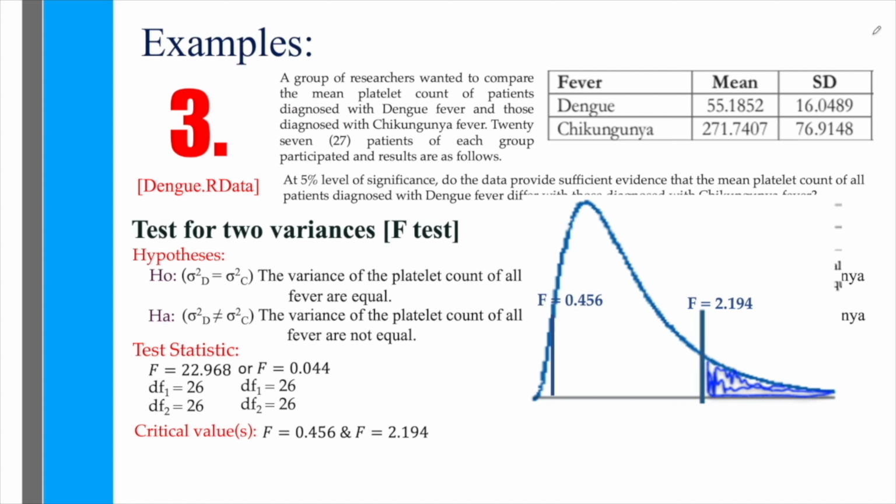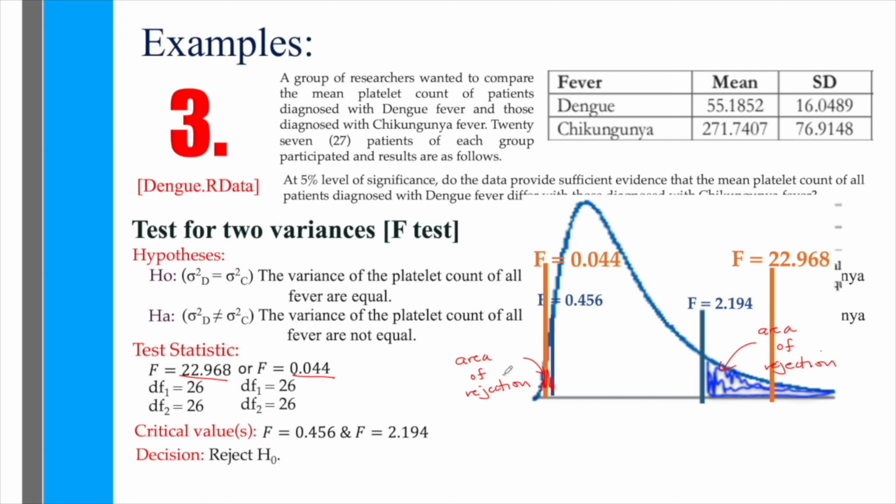Now the question is, are 22.968 and 0.044 in the area of rejection? Yes, it is. So our decision will be to reject the null hypothesis and conclude that there is sufficient evidence that the population variances are not equal, indicating that we're going to make use of this time the Welch t-test.